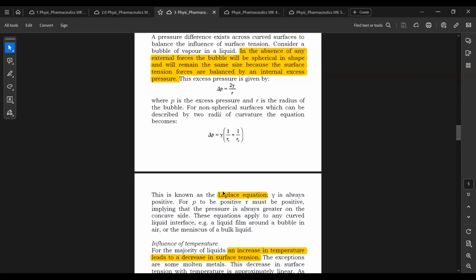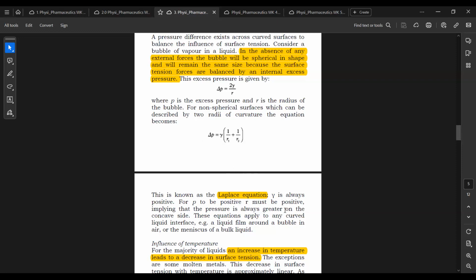And that's how we came up with the Laplace equation, which says the surface tension is always positive, and for the pressure difference to be positive, meaning the excess pressure inside the bubble, in such a way that the bubble doesn't pop, the radius has to be positive.